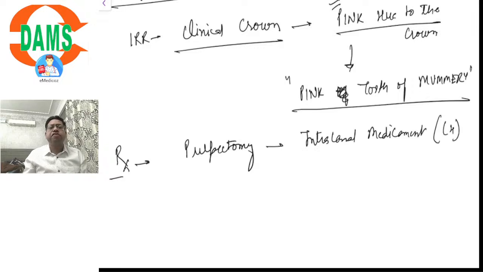Calcium hydroxide, because of extremely caustic pH, is able to render all the odontoclastic cells inefficient. It makes them dormant. This calcium hydroxide dressing, CH stands for calcium hydroxide, is followed by obturation of the defect.